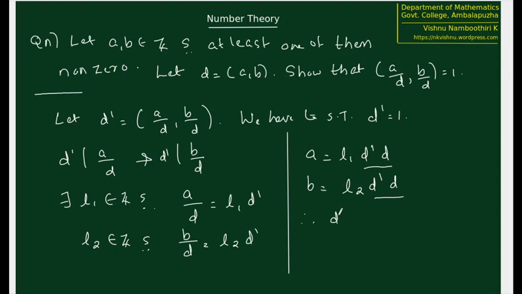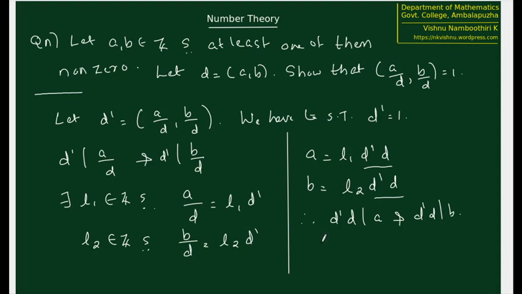Therefore, d dash d divides a and d dash d divides b. We know that d is the GCD of a and b, and d dash d is also a positive divisor of a and b. Why is it positive? d dash is positive, d is positive, so d dash into d is also positive. So it's a common divisor of a and b.